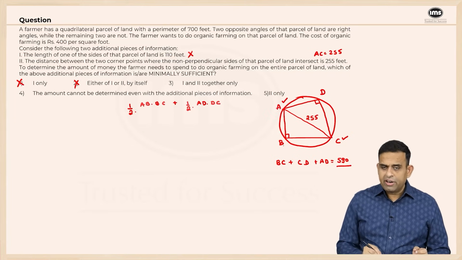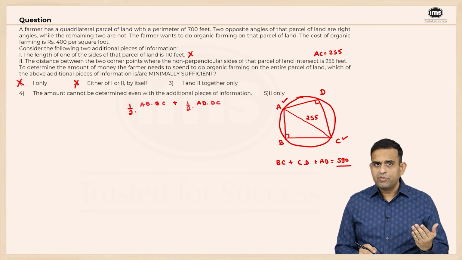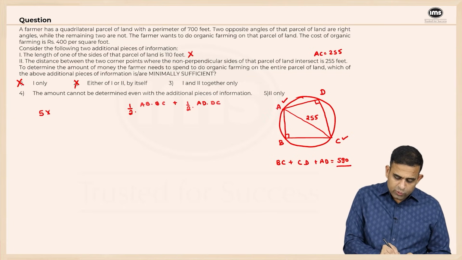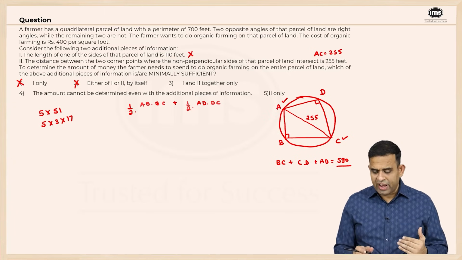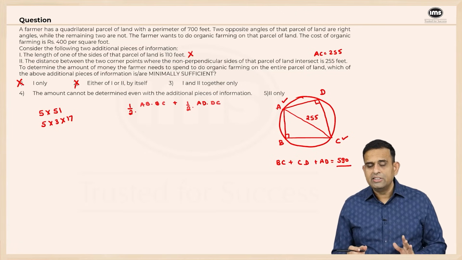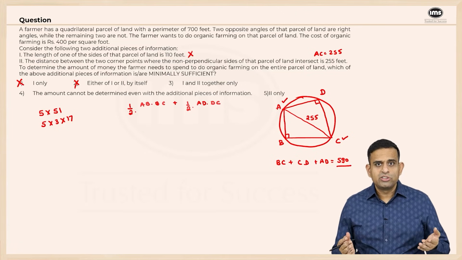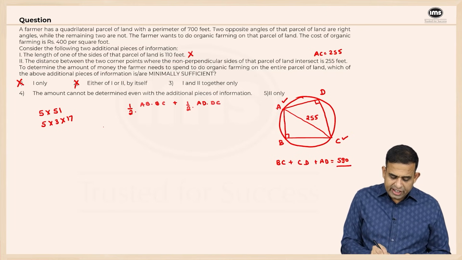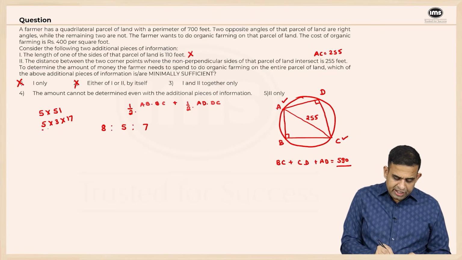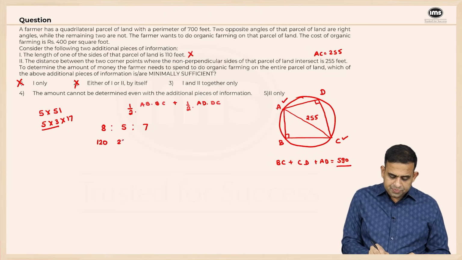Now if this is 255, we can think of this number as 5 into 51, so 5 into 3 into 17. We can create multiple values for AB, BC and AD, DC. Again, they have not told us the sides are integers. For example, the number 17 strikes me as 8, 15, 17. If I multiply by 15, you get 120, 225 and 255.